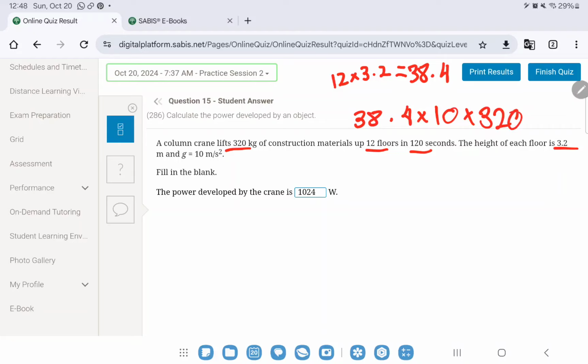You're gonna get a number that is 122,880. You take this big number, you divide it by the time taken, which is 120. When you divide it on your calculator, this is gonna equal 1024. And that is it. We're done this quiz.